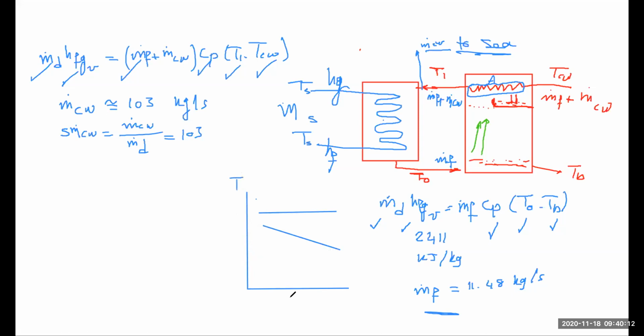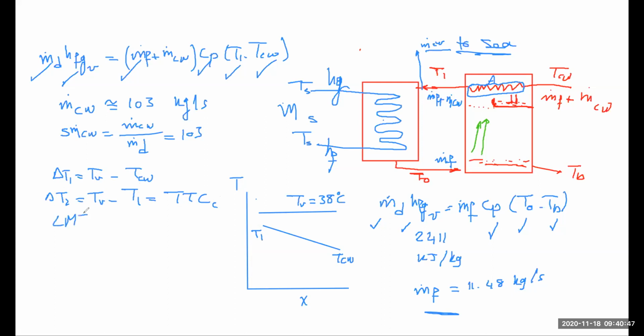So we have T versus X. This is T vapor, in our case 38 degrees centigrade, and it's heating the m dot cooling water plus m dot feed from T cooling water to T1. So delta T1 is T vapor minus T cooling water. Delta T2 is T vapor minus T1. To remind you, this is what we refer to as the terminal temperature difference in the cold side.